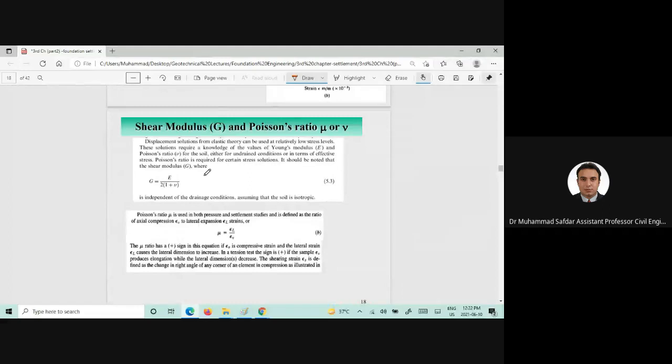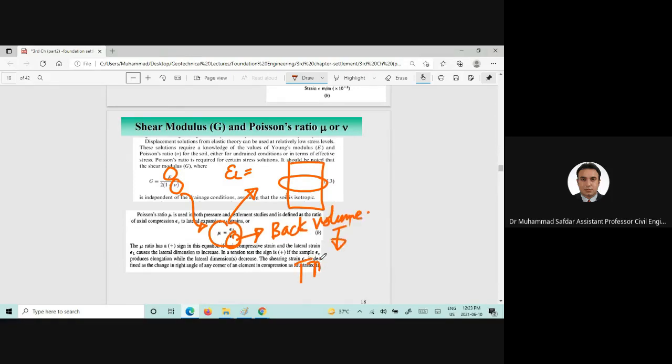Once we get the E value, we can assume mu, or we can find out mu, the Poisson ratio, and epsilon L, which is the lateral strain, which we can find out using lateral strain transducers. Lateral strain transducers are installed to find out the epsilon L, and volumetric strain can be estimated using the back volume, which is used in the triaxial test.